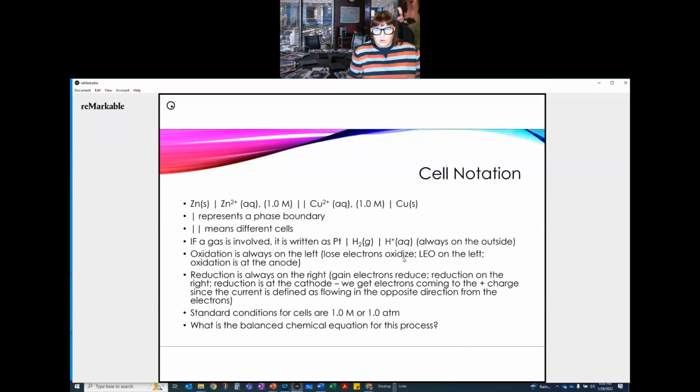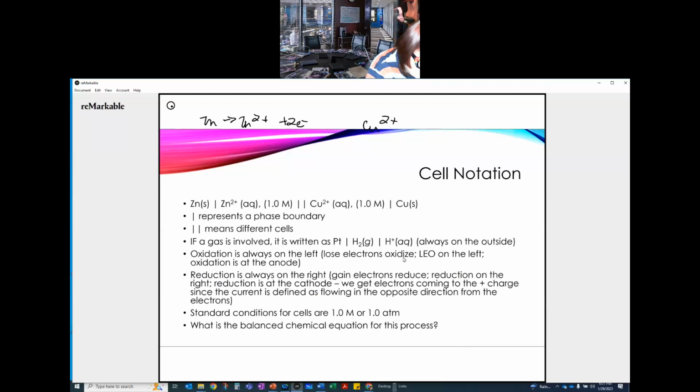Standard conditions for your cells are 1 molar, or 1 atmosphere if we're talking about a gas. And then, of course, one of the questions I will ask you is what is the balanced chemical equation for this process? So we know we have zinc and we know we have copper. I know that Zn is going to Zn2+ plus 2e-, because I need those electrons.